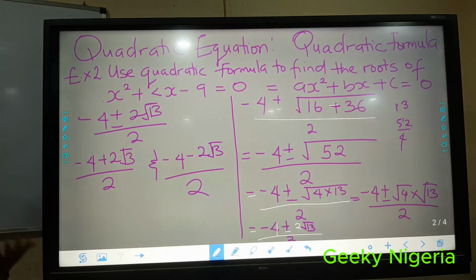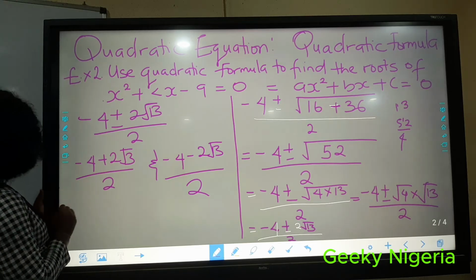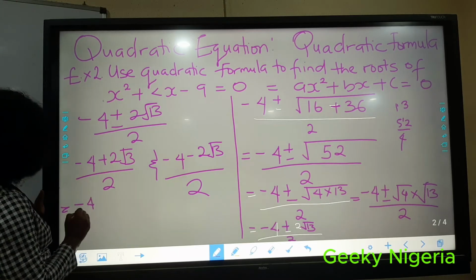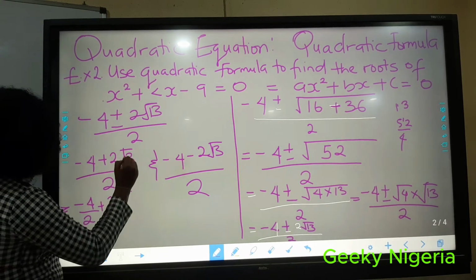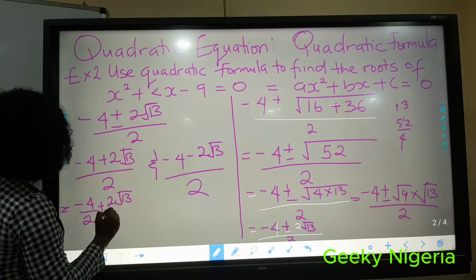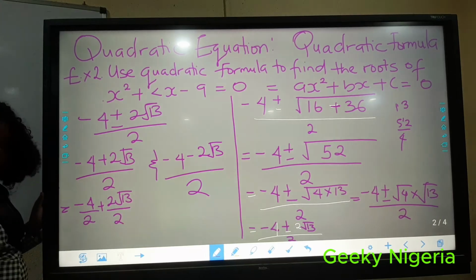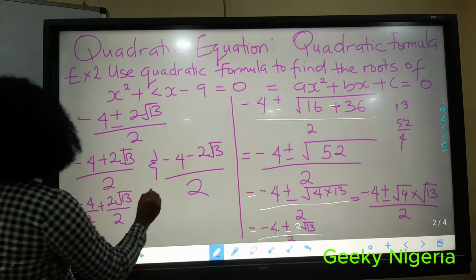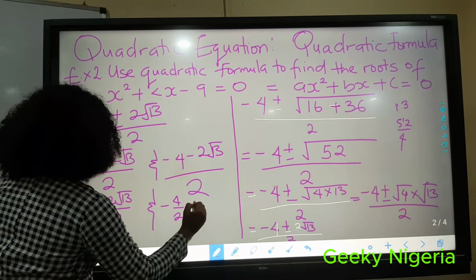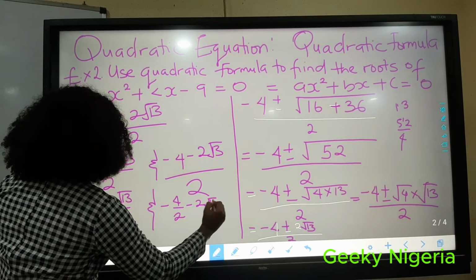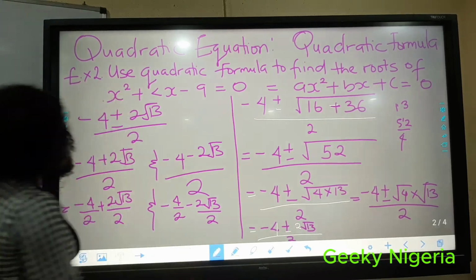This can actually be broken down further. This can now be equal to minus 4 all over 2 plus 2 root 13 all over 2, and here you can have it as minus 4 all over 2 minus 2 root 13 all over 2.